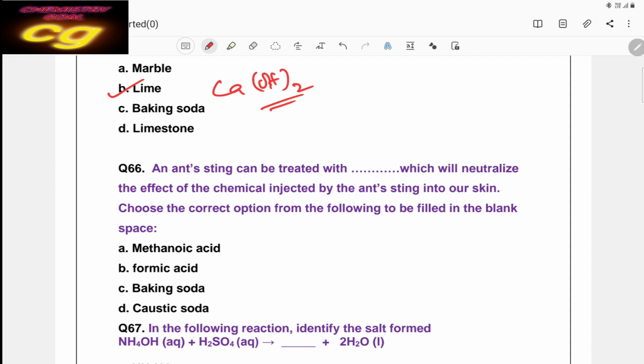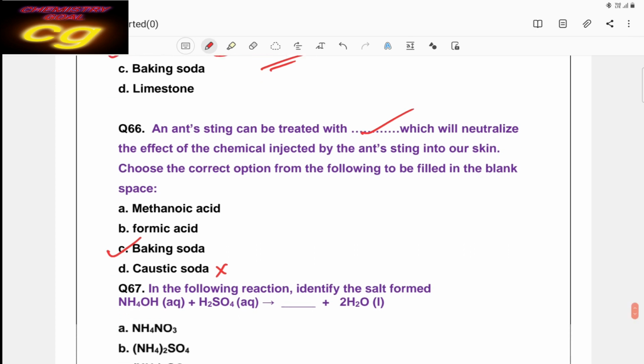Baking soda is not highly basic, whereas caustic soda is a strong base, so we cannot use it. The answer is C, baking soda, which neutralizes the acid secreted by the ants, that is formic acid.